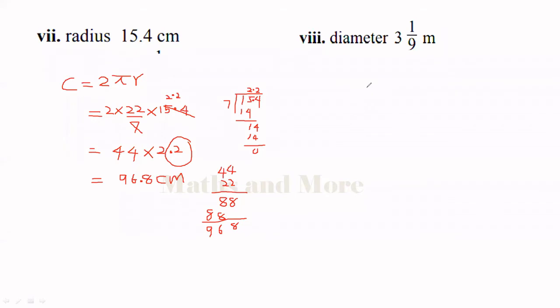Let's use C equals πd. You know π is 22 over 7. For the calculations only we use this, but remember that that is not the exact value.